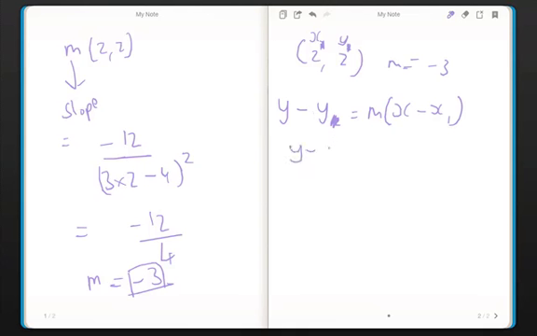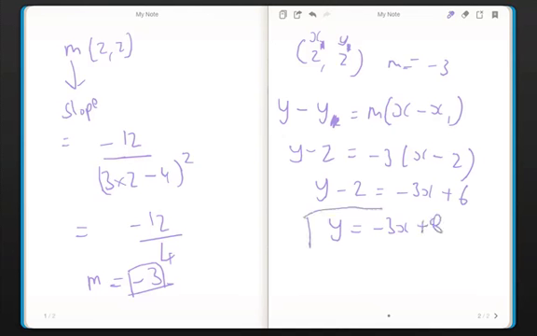Y minus y1 is equal to 2, and m is equal to minus 3 into x minus x1 is equal to 2. We just substituted. So y minus 2 is equal to minus 3x plus 6. Y is equal to minus 3x plus 6 plus 2, which is plus 8. So this should be our final equation.